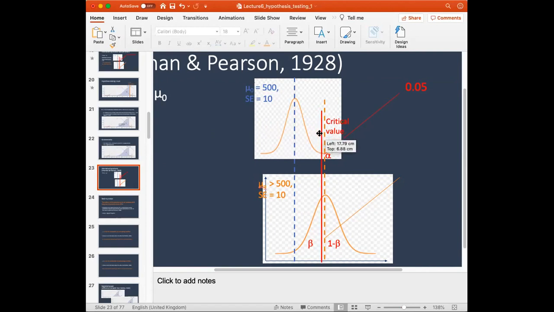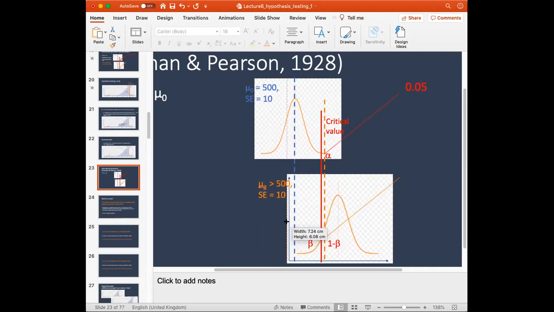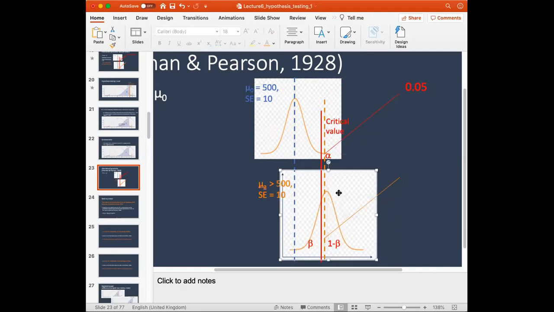Now this critical value is not changed, right? So it's about here. But now the population underneath also becomes more narrow, around the same mean. So you can see that the beta and 1 minus beta, how does that change? Beta becomes smaller, 1 minus beta becomes larger. Okay?